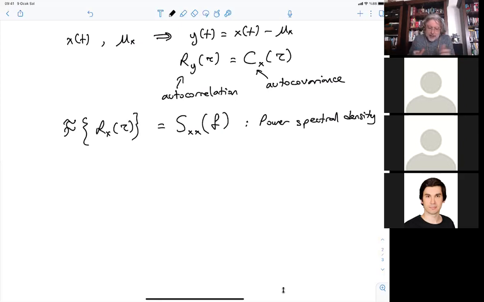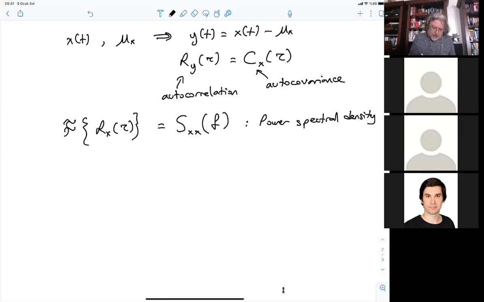The only Fourier transform that we may have is that of its autocorrelation, which is essentially a deterministic function of tau. So autocorrelation is deterministic, and therefore we can take the Fourier transform of it. And where do we use it? We use it for filtering, for instance.